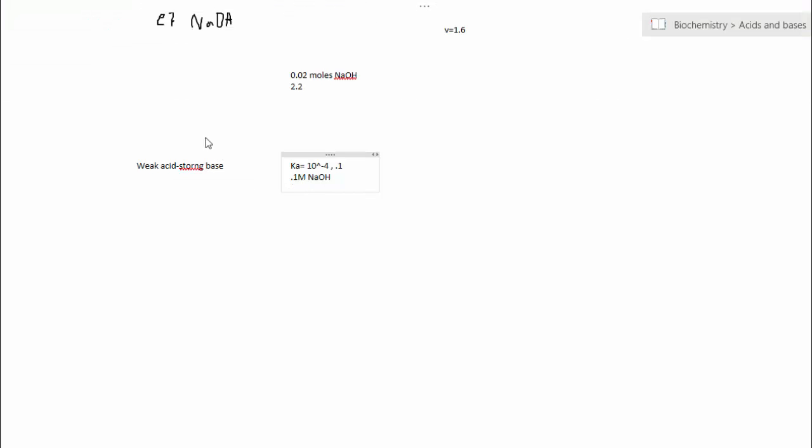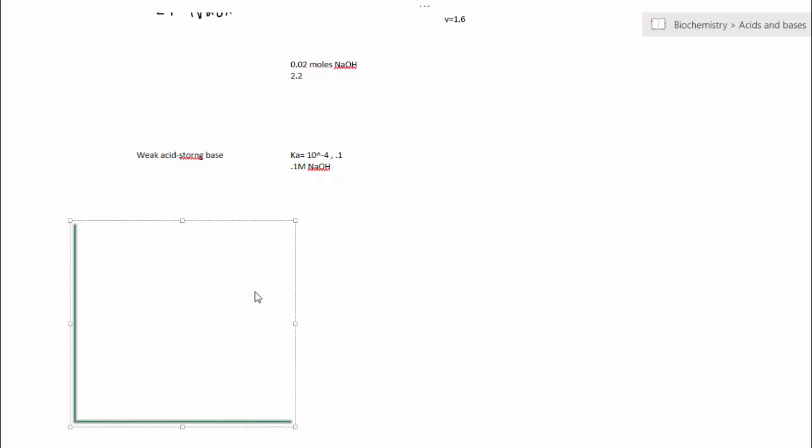The same as there, the first point in the curve will depend on the initial concentration of the acid. But here, since it is a weak acid, it will also depend on the Ka value.